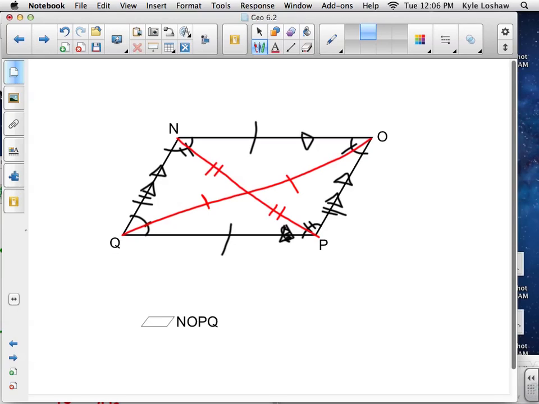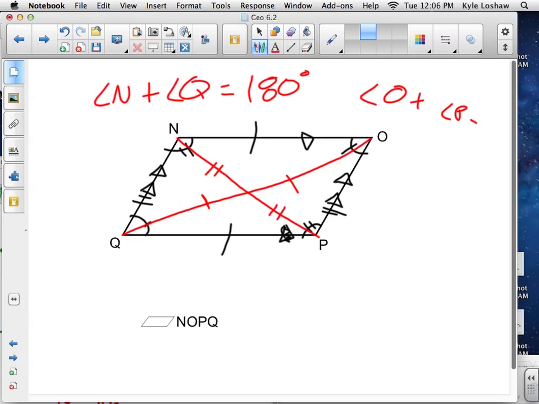Angle N plus angle Q equals what number? 180 degrees. And that would probably also mean that angle O plus angle P equals 180 as well. Those two angles are supplementary.